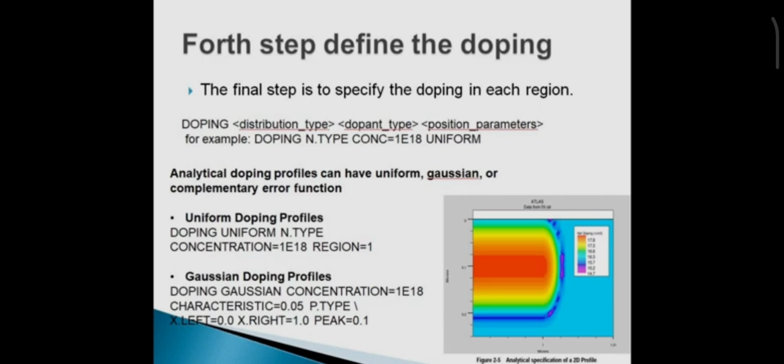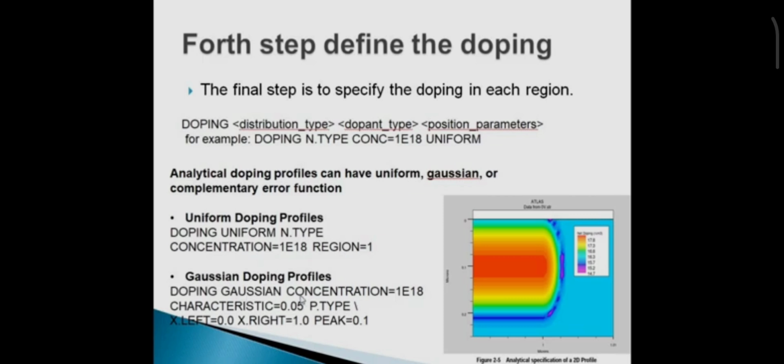Two examples are shown below with the combined effect shown in the figure. First one, uniform doping profile. Doping uniform, n-type concentration equal to 1E18 in region 1. And the second, Gaussian doping profile.